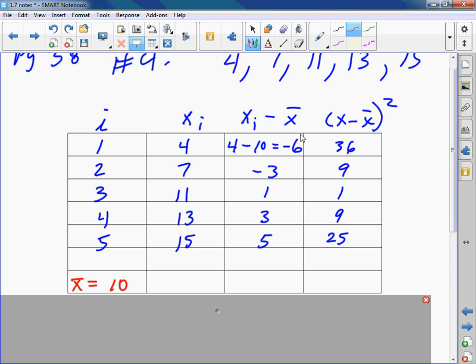The last column, we take this number, x minus x bar, whatever is in that item, and we square it. So negative 6 times negative 6 is positive 36. Negative 3 times negative 3 is positive 9. Okay? And thanks for asking that question. All right, so far so good.